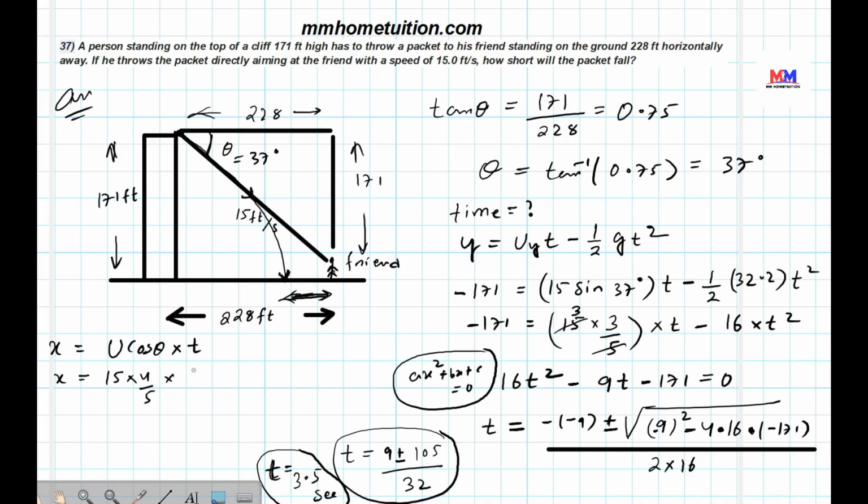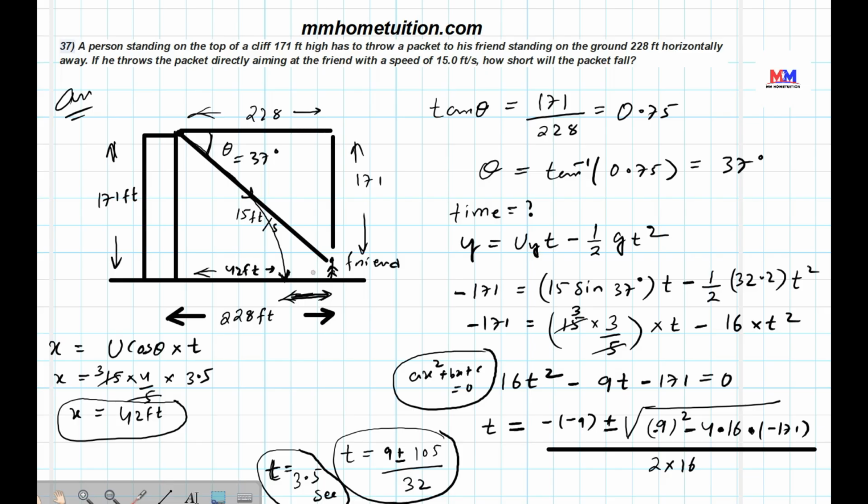T equals 3.5. 15 into 4 by 5 is 12, into 3.5. So this is 42. X distance is 42 feet.